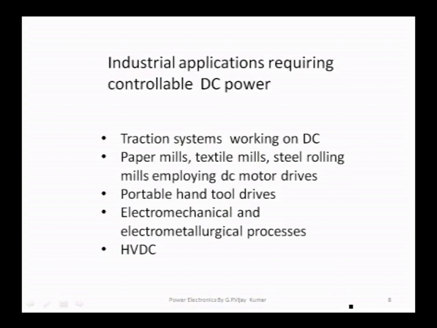Again, paper mills, textile mills, steel rolling mills employing DC motor drives. Again, portable hand tool drives, where you need a variable DC supply. Electromechanical and electrometallurgical processes usually use DC supply. Again, HVDC, for transmitting high power, we are going for very high voltage direct current transmission. These are some of the applications requiring controllable DC power.